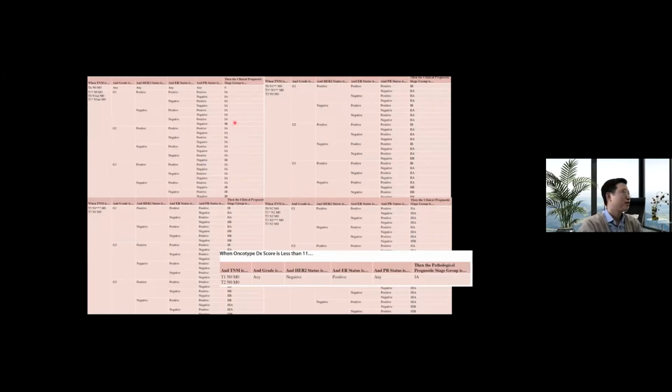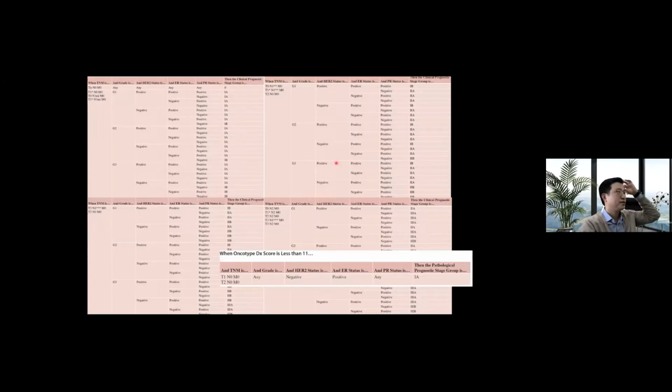But I'm showing this to you so you can have some sense of how this prognostic staging is done. If the TNM staging is this, then tumor grade is considered first, and then HER2 status, ER status, and PR status, and then the final prognostic stage is given to those patients.